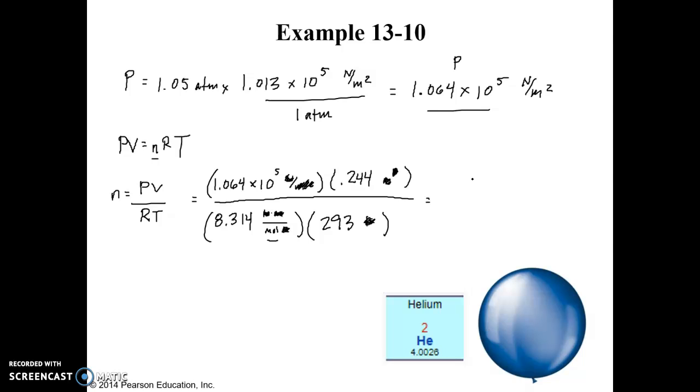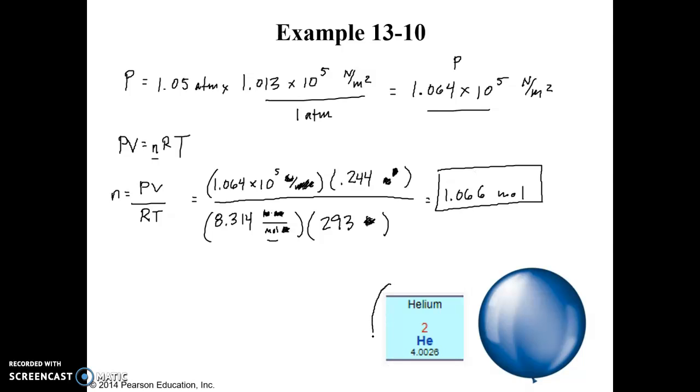So our number of moles, all the units cancel out, and it works out to be 1.066 moles. So 1.066 times Avogadro's number would give us the exact number of helium molecules. The second part of the question, so we can just leave it right there. We can just say 1.066 moles.